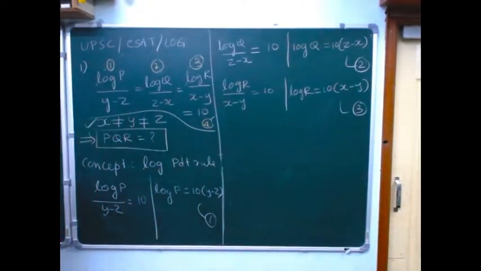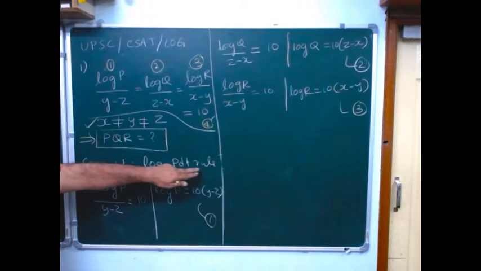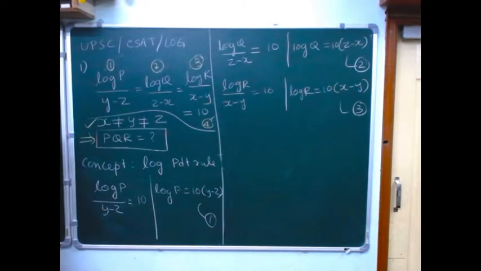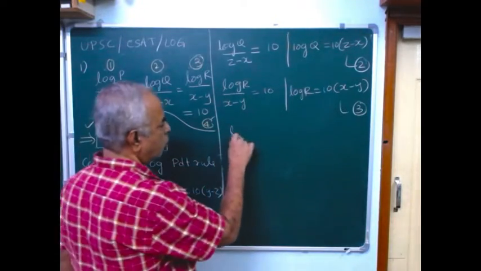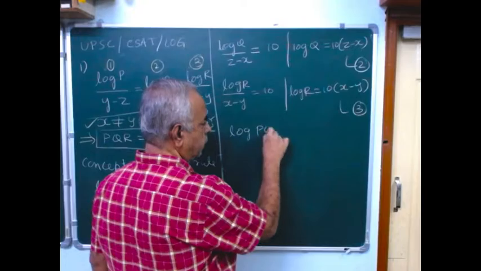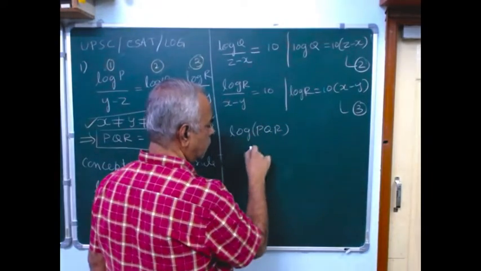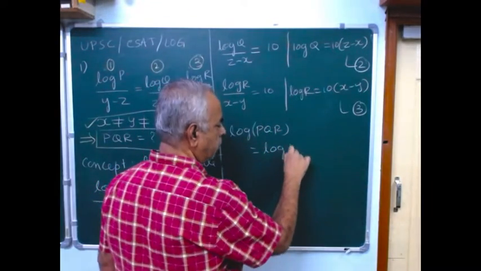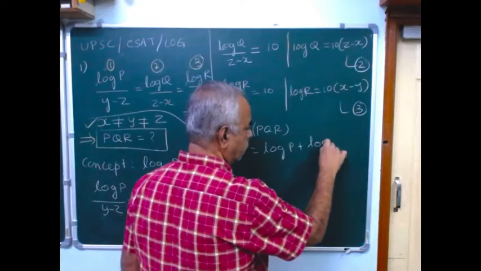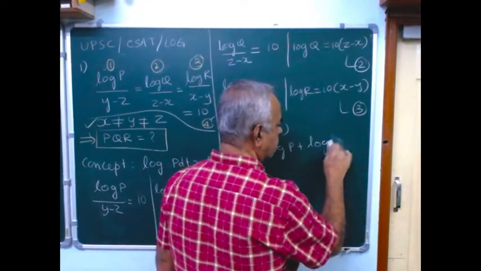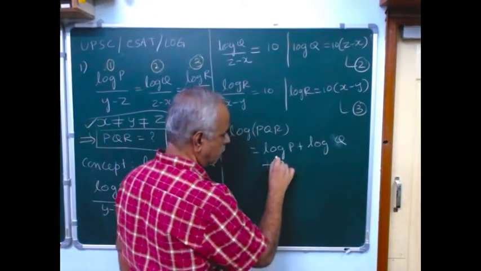Now what is asked here? PQR. We know that when we apply the product rule, this is the product P into Q into R. So log PQR is equal to log of P plus log of Q plus log of R, is it not?